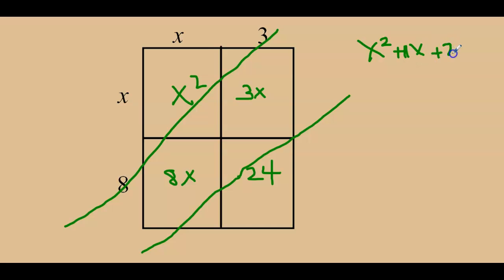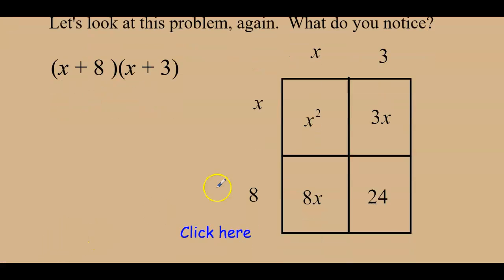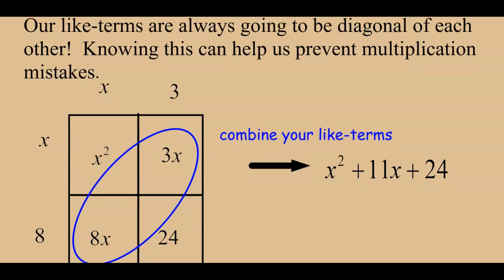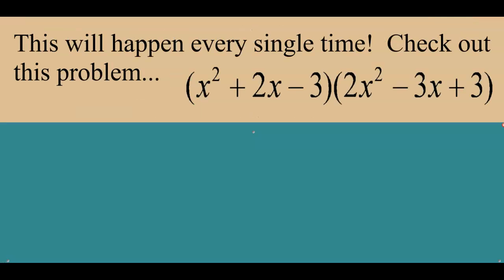And last but not least, 24. Here's my diagonals. This is going to give me my like terms that I can add together. Our like terms are always going to be diagonal of each other, and knowing this can help us prevent multiplication mistakes. This happens every single time.